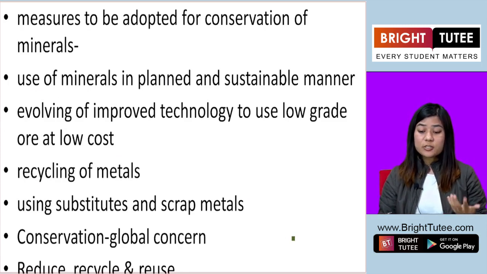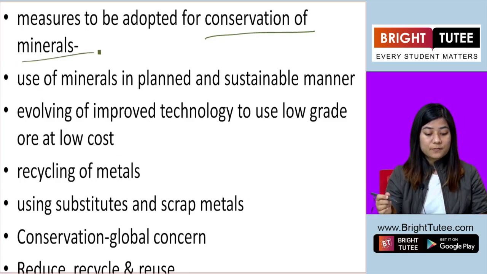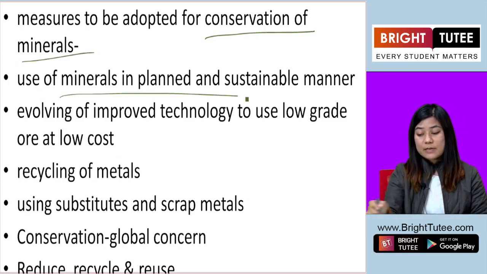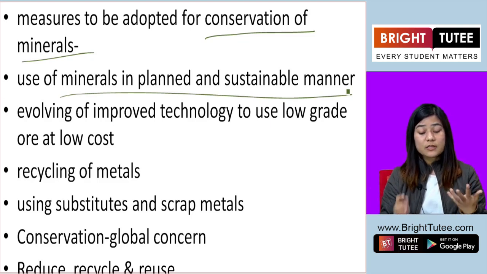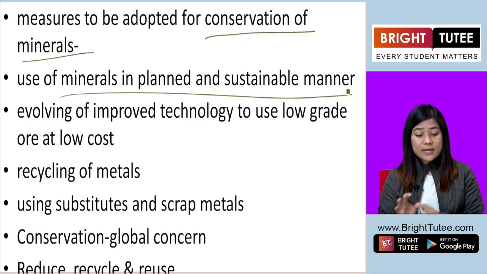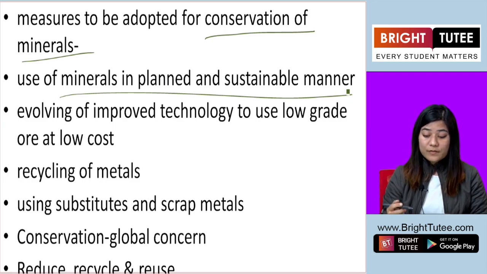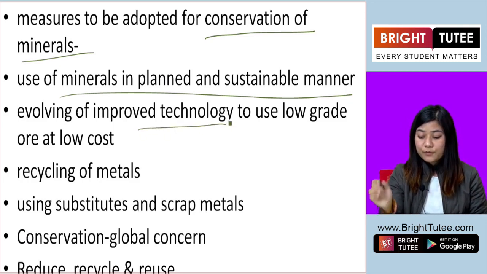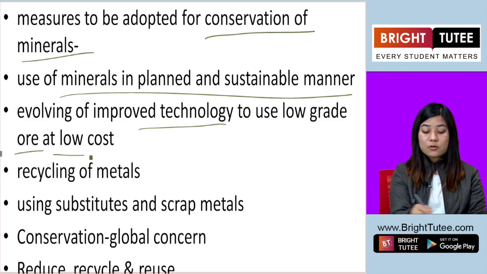So there are measures which need to be adopted for conservation of minerals. The first is use of minerals in planned and sustainable manner. Okay, we have to use the minerals in a planned manner, in a sustainable manner, that we are not harming or damaging the environment. We have to use evolved and improved technology to use low grade ore at low cost.